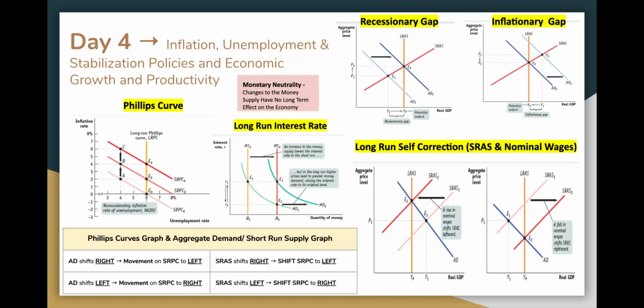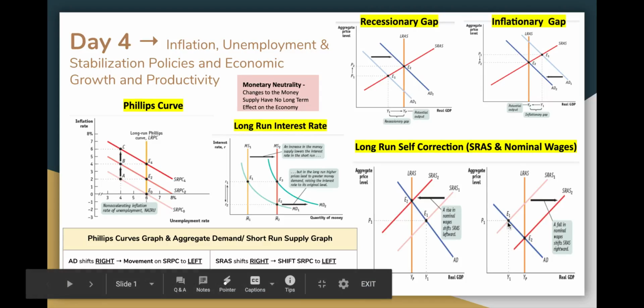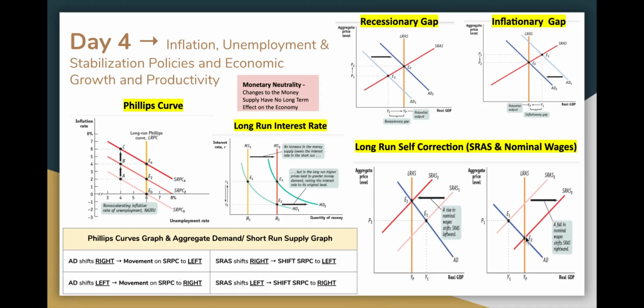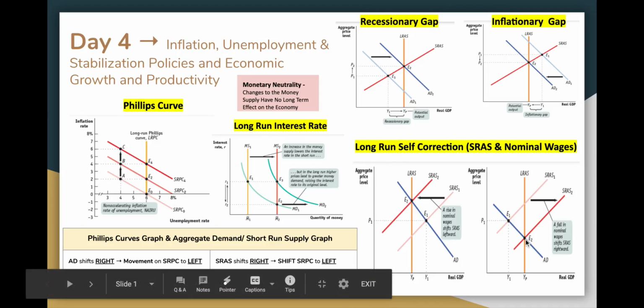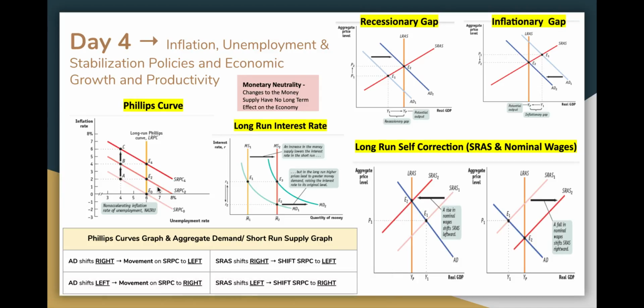So SRAS shifts right, SRPC shifts left. And that makes a lot of sense, right? Because a rightward shift of SRAS means prices went down, and a leftward shift of SRPC means inflation goes down, which is representing prices. So it makes a lot of sense.